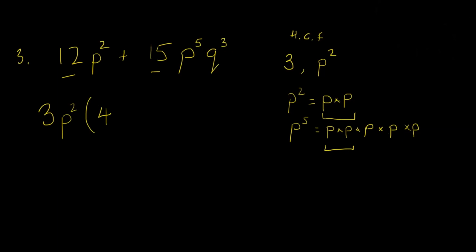Okay? There's a plus. 5. Yes, absolutely, 5. And what's the next expression? 3. 5q cubed. p cubed. Perfect. So p cubed, and then q to the power of 3. That's it.